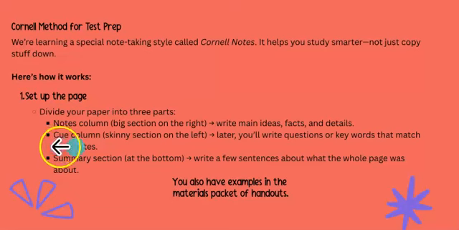Then you have what's called the cue column, and that one's going to be skinnier, and that's on the left. And this is where you end up writing down questions or keywords that match your notes. And again, you'll see this more on the next page so that you have that visual representation. And then finally at the bottom, you're going to summarize the content.